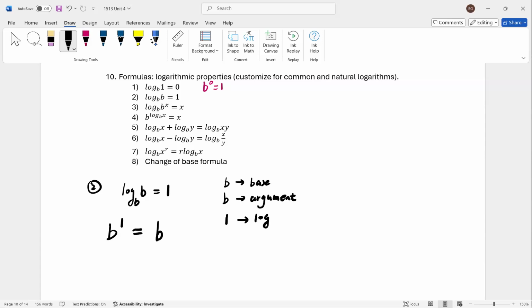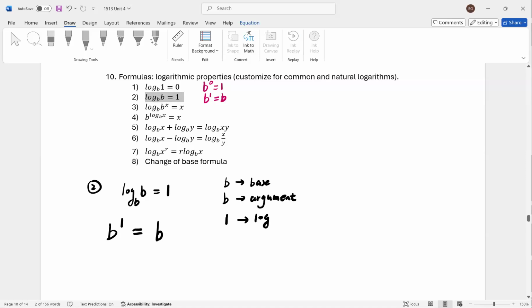And this obviously is a true statement, right? B to the power 1 equals b. The first power of any base is just the base itself. It means the second formula is equivalent to b to the power 1 equals b.